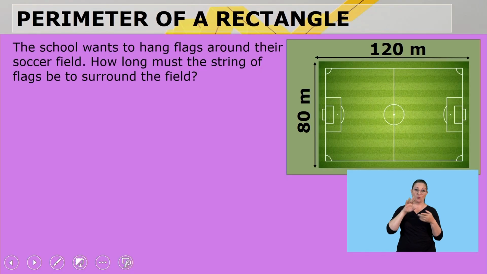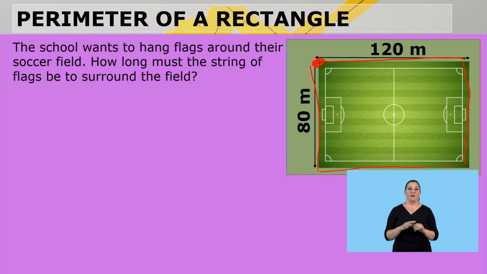The school wants to hang flags around the soccer field. How long must the string of flags be to surround the field? So now we are going to start on that side of the field and hang flags, and hang some more flags and some more flags and some more. How did we walk the perimeter?